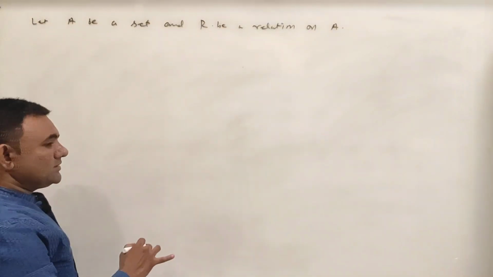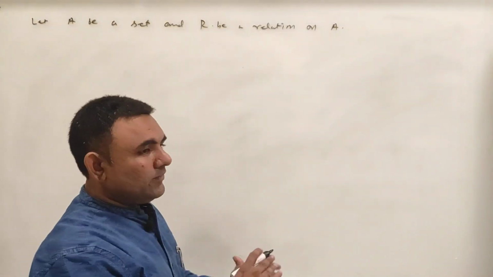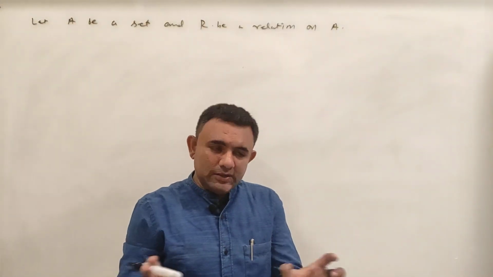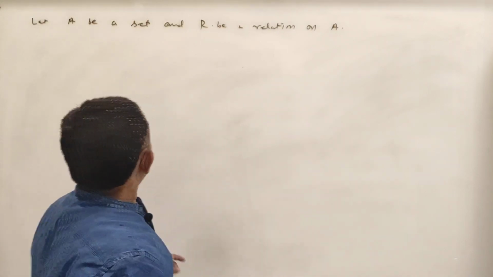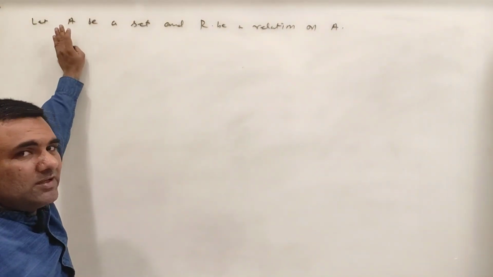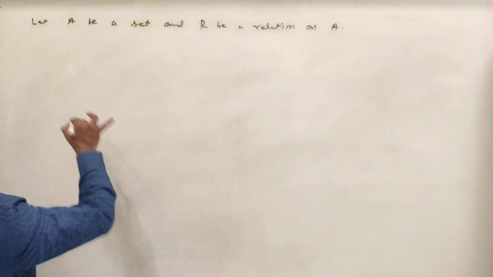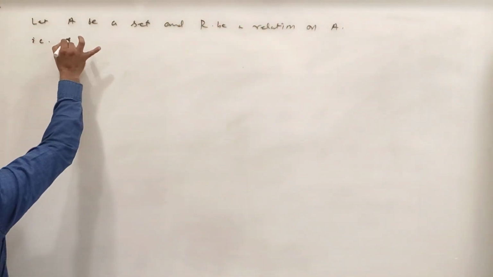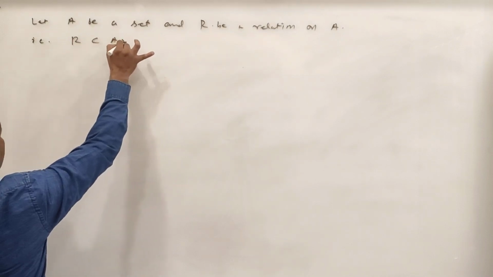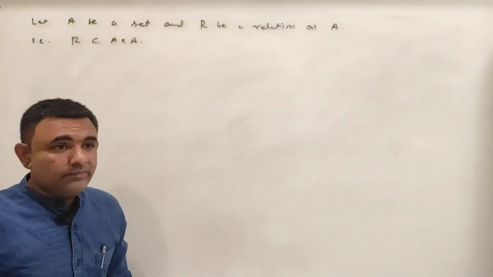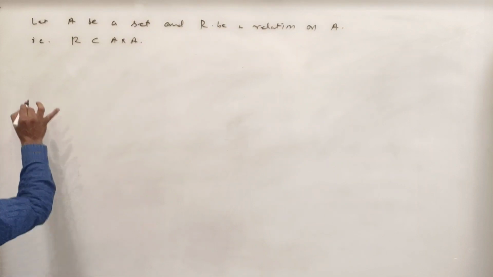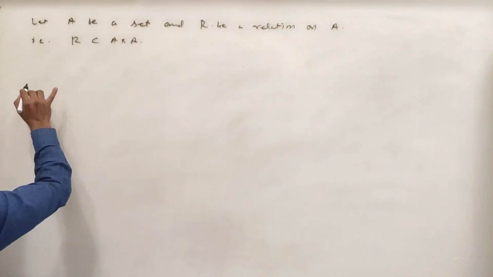We defined a relation from A to B, and there we considered A and B two sets, and there A and B may be different, but now onwards we consider A to be a set and R a relation on A. So R will be a subset of A cross A.